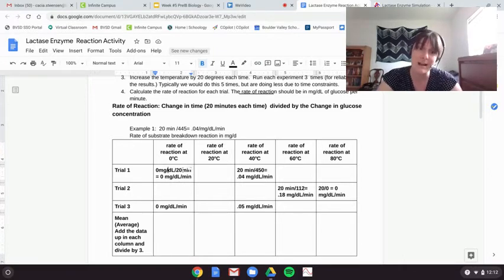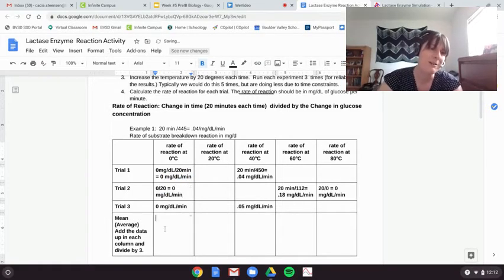So that's my rate of reaction. In this case, 0. My second trial, also 0. So I can take 0 divided by 20, and that gives me 0. My last one, also 0. I can take these units and copy them so I can remember what they are.